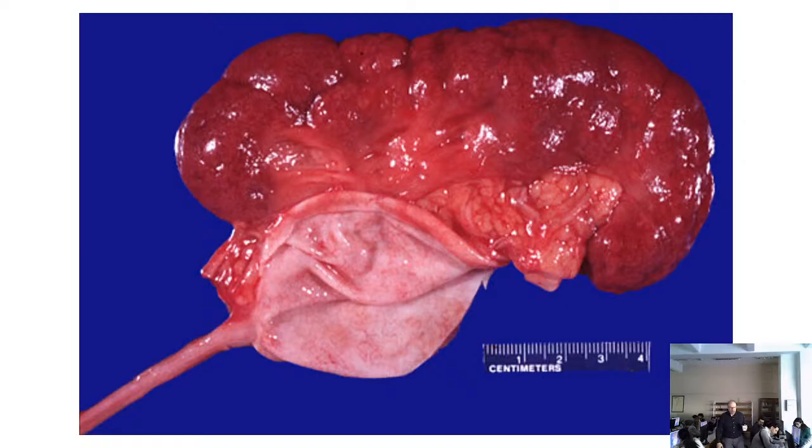In chronic pyelonephritis, this is a typical image where you can see the scarring deforming the shape of the surface of the kidney. Look at the scars. And of course, a sine qua non, a prerequisite for the diagnosis of pyelonephritis is the dilation, commonly by a stone or by some sort of congenital defect such as stenosis.